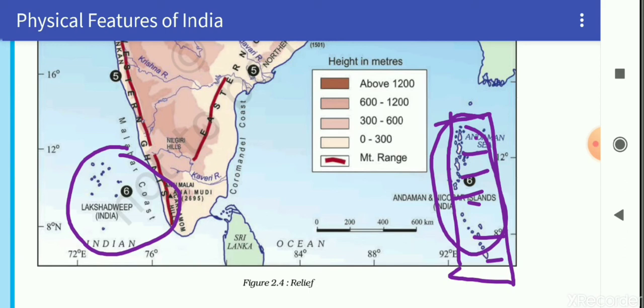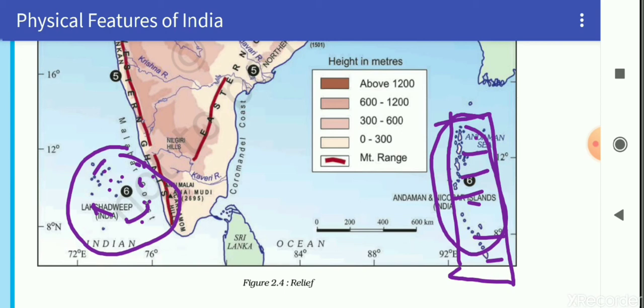Here reef means rock. As I mentioned, coral polyps are microorganisms and they secrete a kind of substance which is very hard, and their skeletons are deposited in such a way that it became rock, and in this way Lakshadweep Islands came into existence.